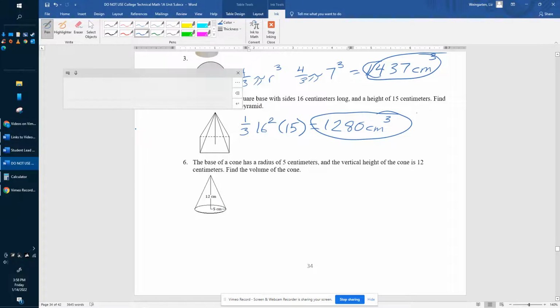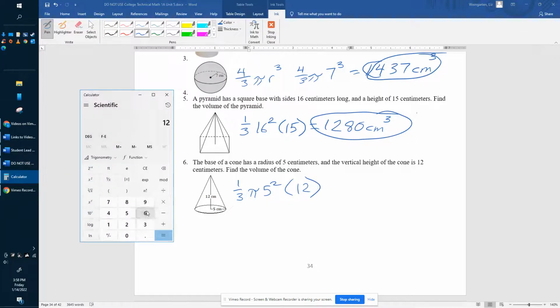The base of the cone has radius of 5 centimeters. Vertical height of the cone is 12 centimeters. Find the volume of the cone. So it's again 1/3 times the area of the base, which is pi r squared, times height, which is 12.